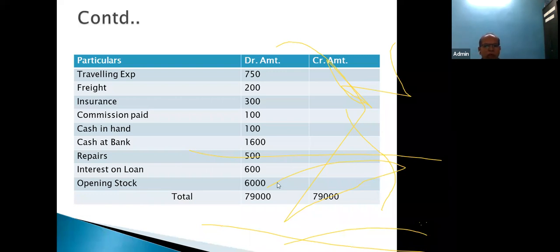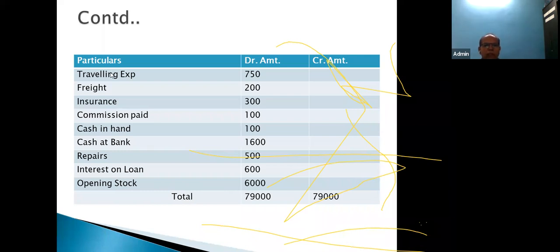I repeat again, placing the item is also important, and marks are given accordingly. How you place items and where you write them is expected from a management student. Opening stock, trading account debit side 6,000.